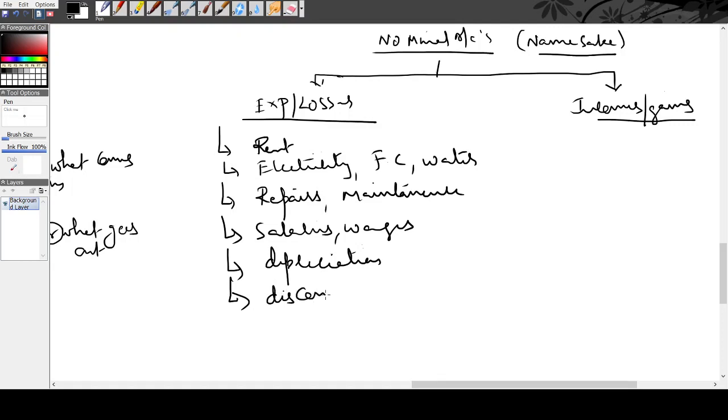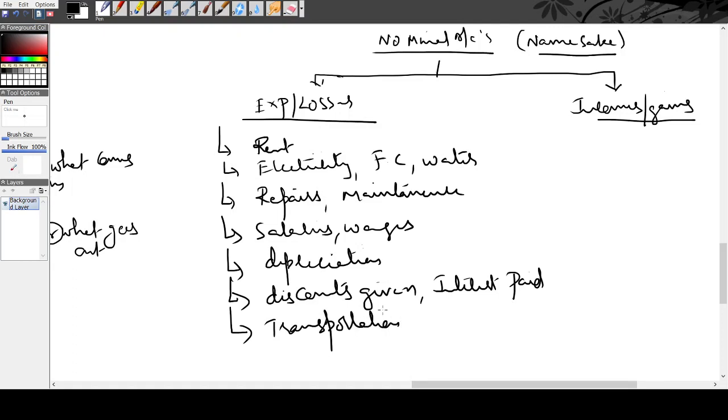Discounts given to customers, interest paid to banks where we have taken a loan. When we take a loan from the bank, we pay them interest. Discounts given, interest paid, then transportation expenses when we transport goods from one place to other place, packing expenses, advertisement, etc. So we can have a lot of expenses which we are going to incur in a business.